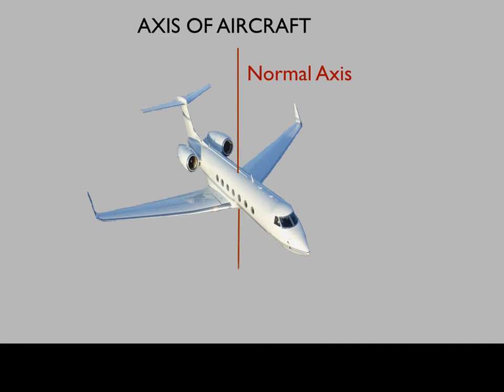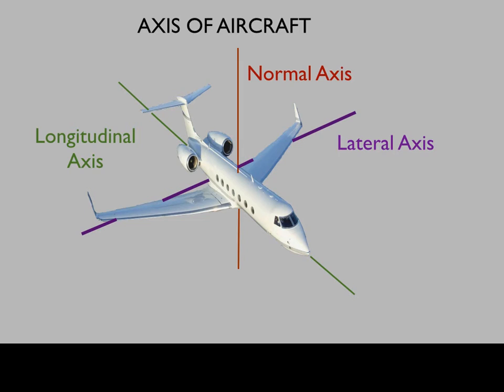Then is the longitudinal axis, the line joining the leading edge, that is the nose of the aircraft, to the tail of the aircraft. And of course the lateral axis, which is a line all along the wing, for maneuvers of the aircraft. So it is as shown in the picture.